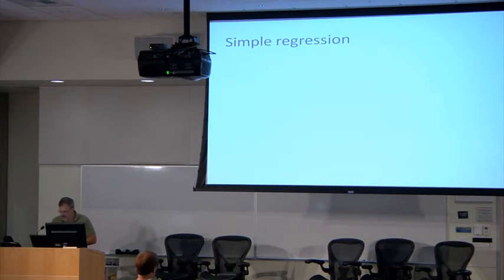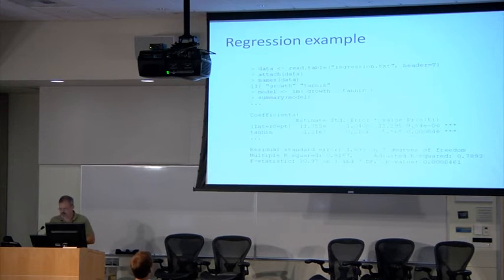Okay. Here's another regression example that I pulled out of some book where it's looking at caterpillar growth as a function of the tannins in their diet. So in R, you could just simply say read a table, suck in this data file. When you say attach data, that's saying bring this file's headings into my namespace.